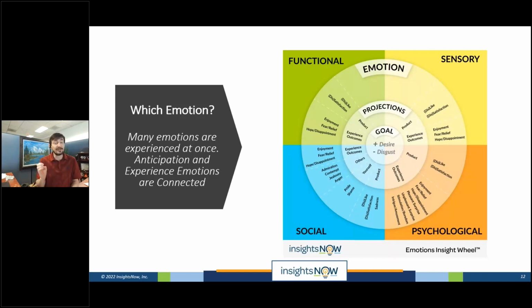Whereas if I'm talking about the experience as a whole, that's where enjoyment comes in, which is a slight difference from liking, right? It's a different experience. Liking's about a product or a product quality. Enjoyment's about an experience as a whole.